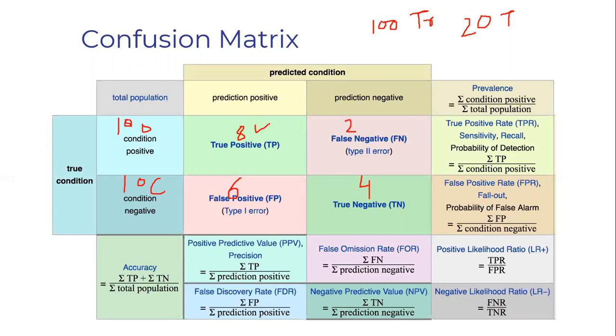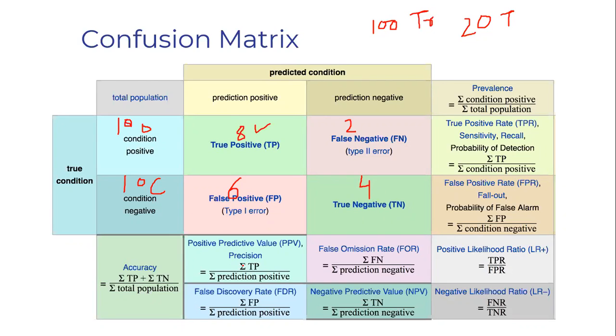For 8 dogs, the model correctly predicted they are dogs, and in actuality they are dogs. For 4 cats, the model predicted cats, and they were actually cats. So my accuracy is 8 plus 4, 12, divided by 20. Total cases are 8 plus 2 plus 6 plus 4, 20, right? So 60%.